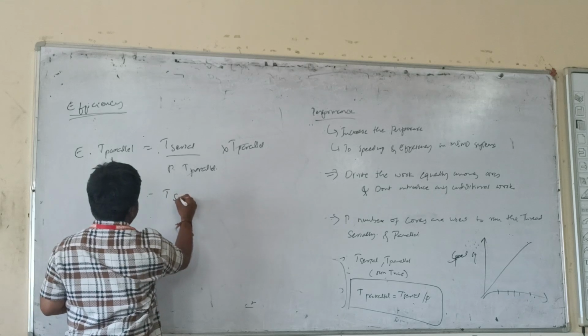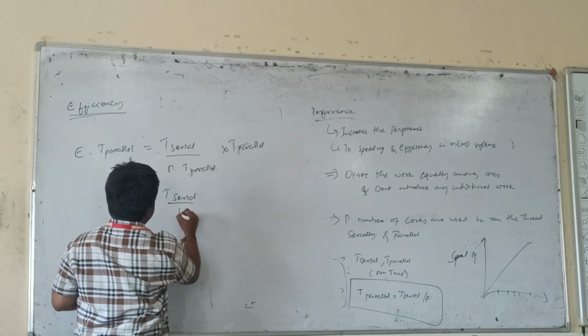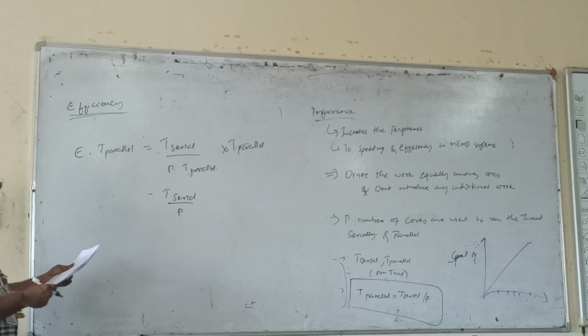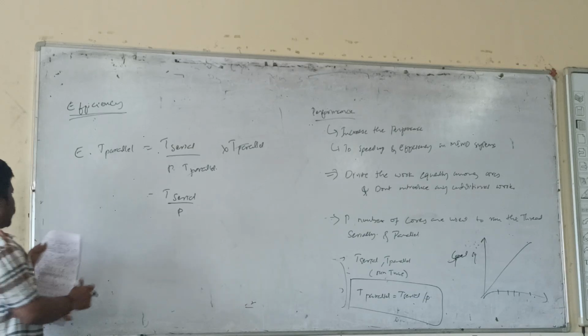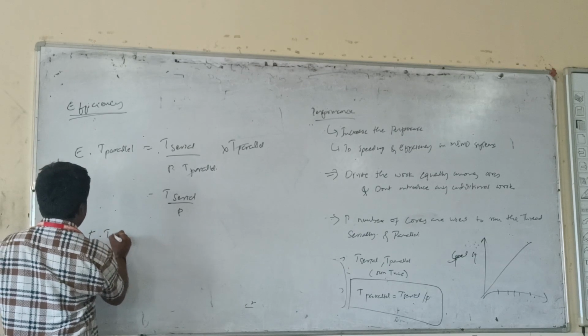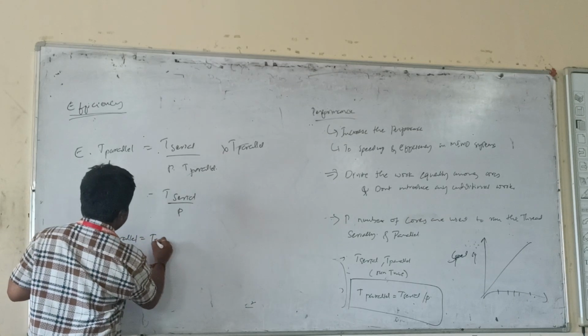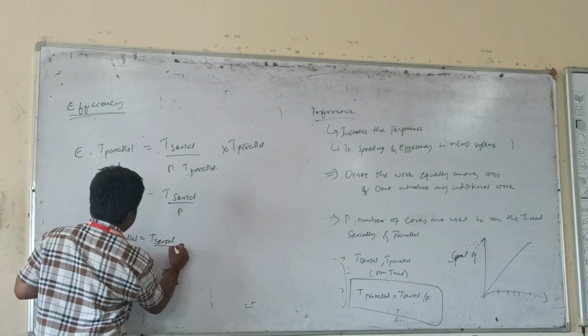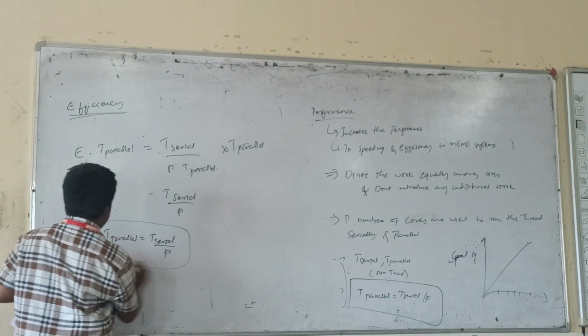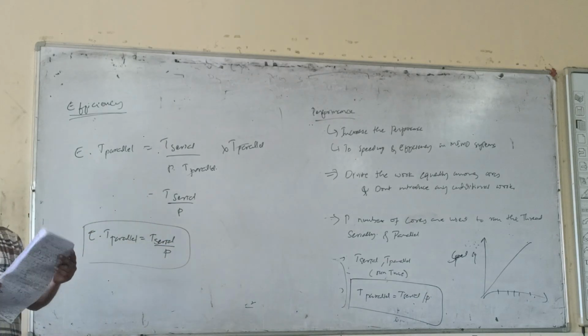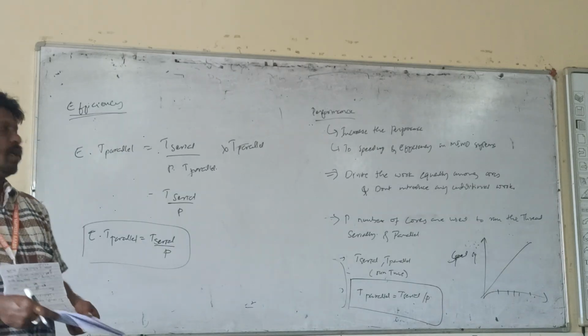We get T serial by P. So the efficiency equals T serial by P. Sometimes they will ask problems like this in the question paper.